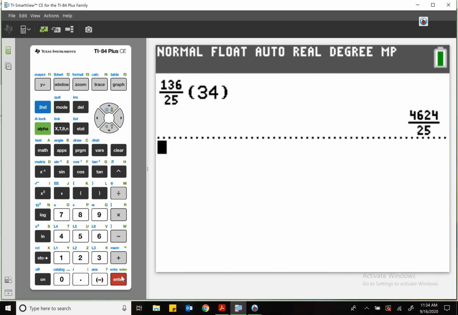How am I going to find the decimal? Isn't it going to give you a fraction if you do it like that? Well, I got a fraction, but how do I get the decimal out of this?